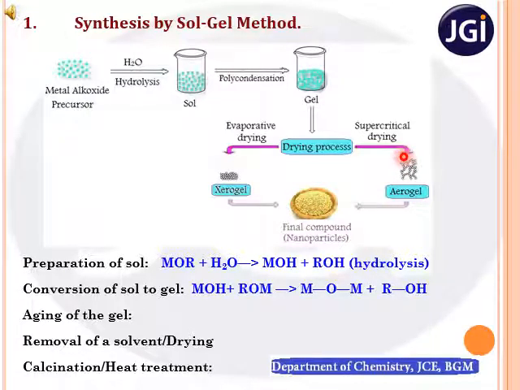So this finally gives the final compound, that is nanoparticles. The sample obtained by this method is then calcined at high temperatures, say about 800 degrees centigrade, to obtain nanoparticles. Generally, nanoparticles formed by this method commonly have a size ranging from 1 to 100 nanometers.